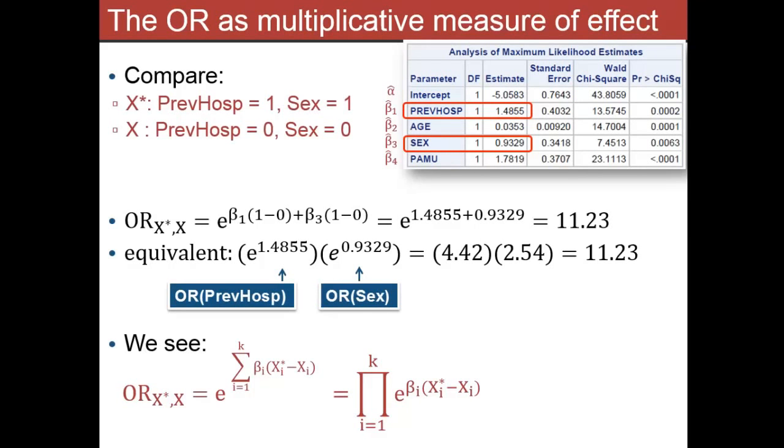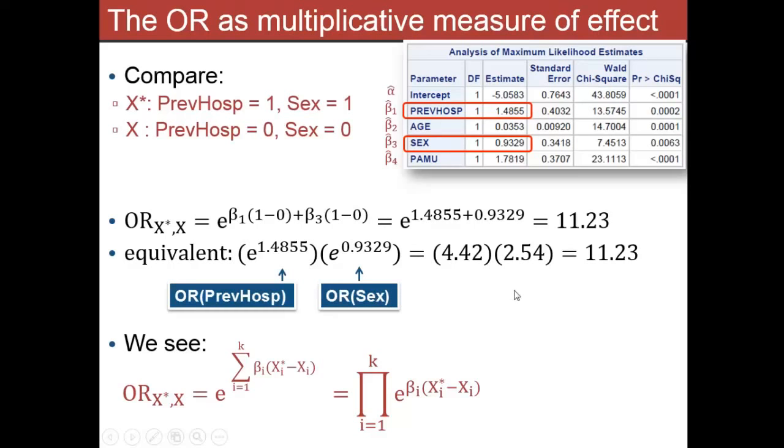Every factor adds to, let's say the outcome is blood pressure. This term adds or subtracts from the mean blood pressure. In the logistic model, this is all multiplicative. It's saying, okay, you're hospitalized, we multiply your odds by 4.42. You're male, we multiply it by 2.54. Multiplicative model. That's all I'm saying.